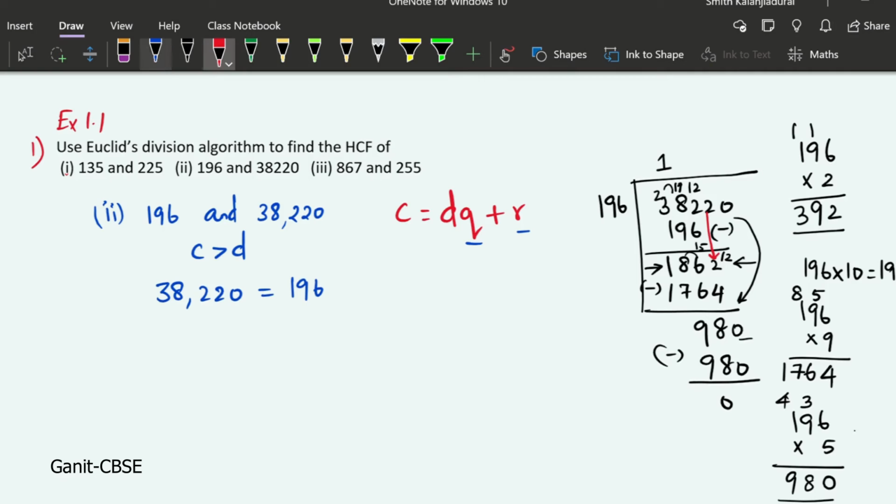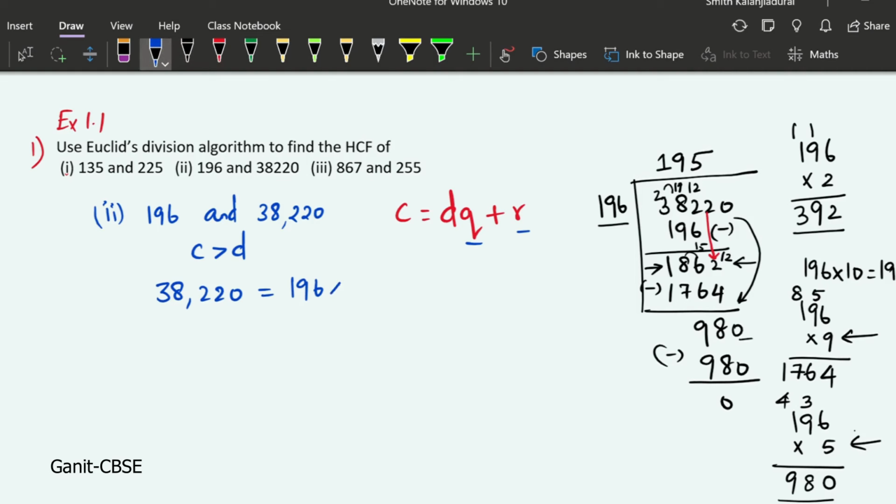Again, we forgot to write the quotient here. 196 times 9 is 1764, and 196 times 5 is 980. So 195 is the quotient.